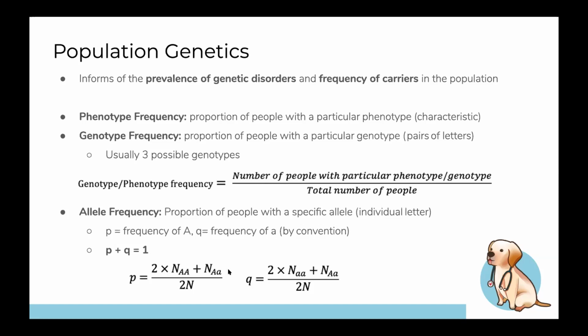And then individuals with a genotype of a capital A and a lowercase a have only one dominant allele, so you only add that one number. And you divide that by the total number of people, but you times that by 2, because every individual has 2 alleles for a certain kind of gene. And that's how you get p. And the way you get q, pretty much the same thing, except this time you're looking at your recessive alleles instead of your dominant.